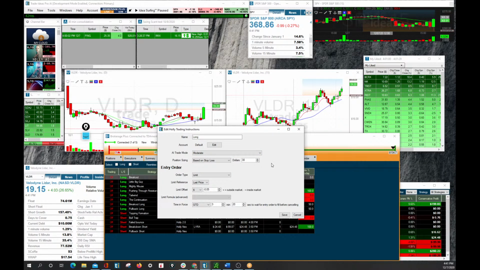Here is going to be your position sizing, so base stop loss $30, $50, whatever you want to set that stop loss at. And then this is the big one, all right? Whether you're going to go in at market or limit, this is where you have to decide what you're willing to risk. You never know what she's going to trade, and you don't know what the spreads are going to be on that.